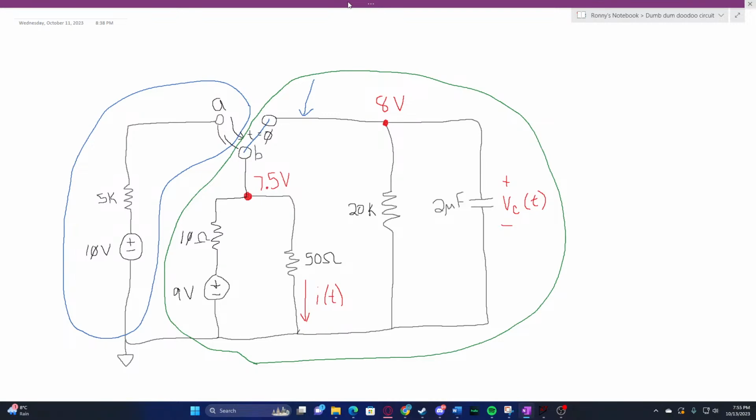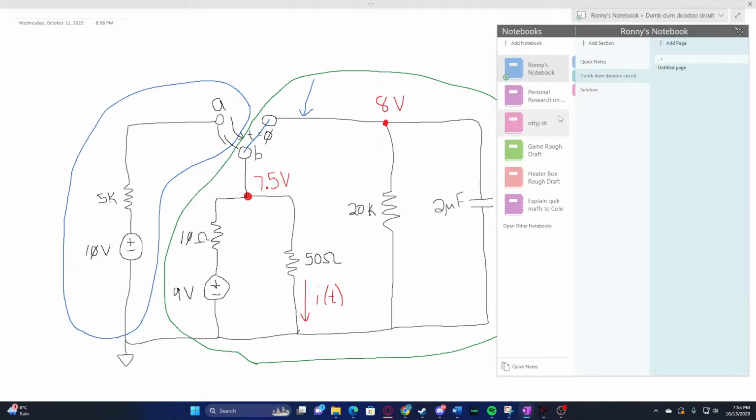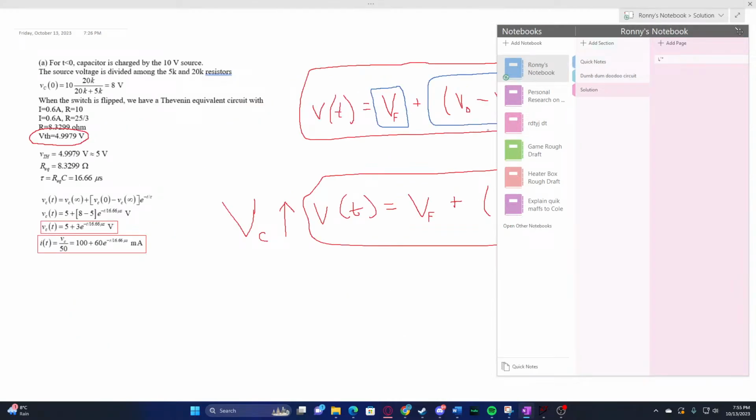This is where things get interesting. At least for me, because I really want to understand what's going on here. I want to feel like I can get that same Thevenin voltage that they're getting in their answer here.